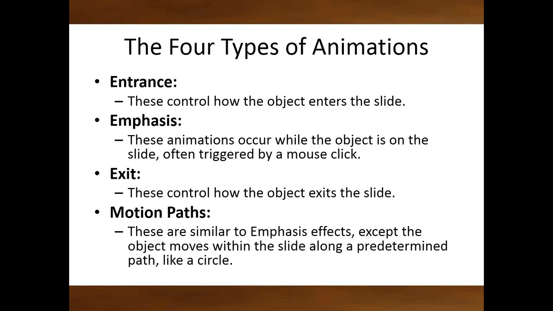These are similar to emphasis effects, except the object moves within the slide along a predetermined path, like a circle. So if, let's say, you want your point or your object to move on the slide during presentation, then you use the motion path animations.